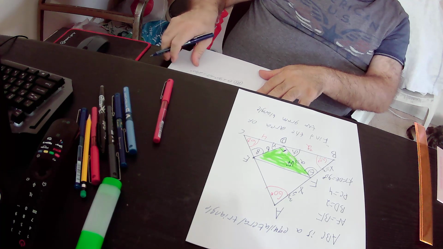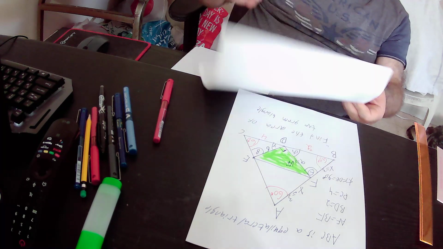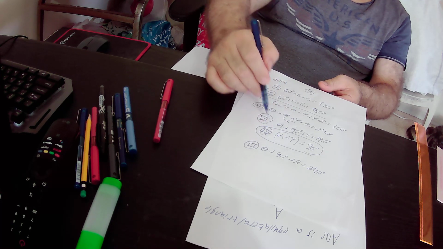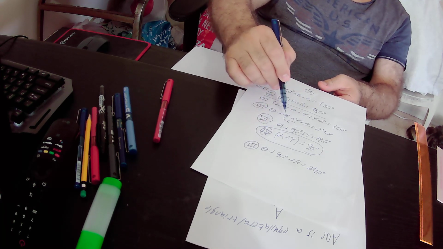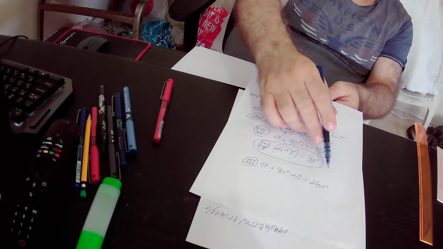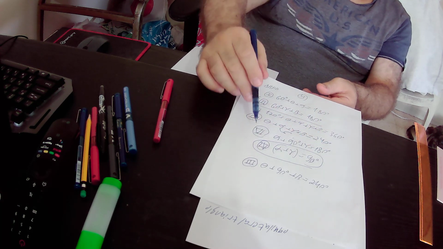So we substituted alpha plus gamma by 90 degrees in the third equation and we got that theta plus 90 degrees plus beta equals 240 degrees.